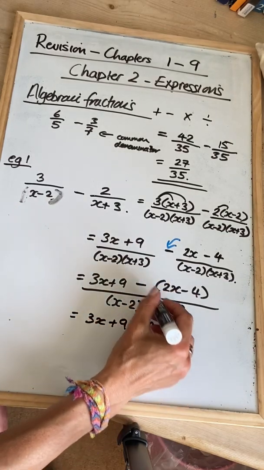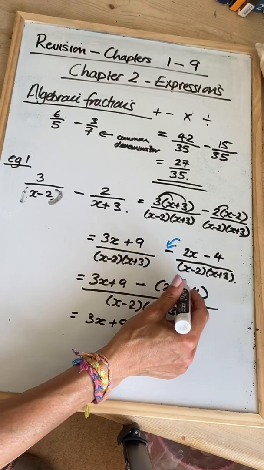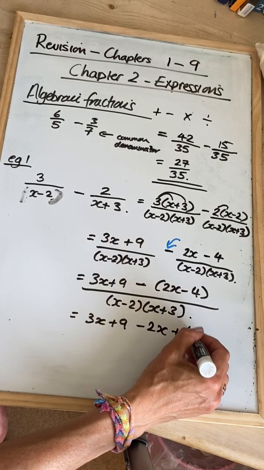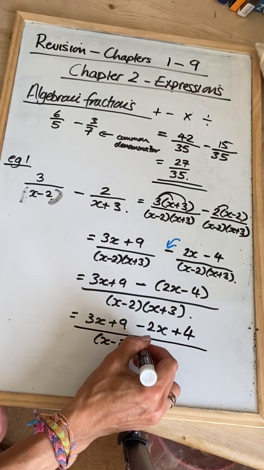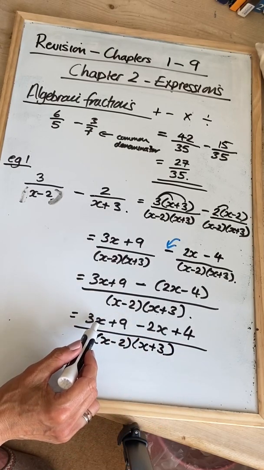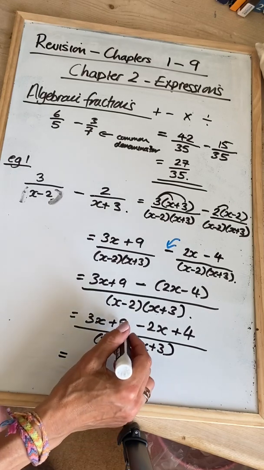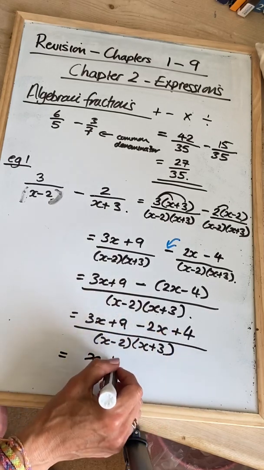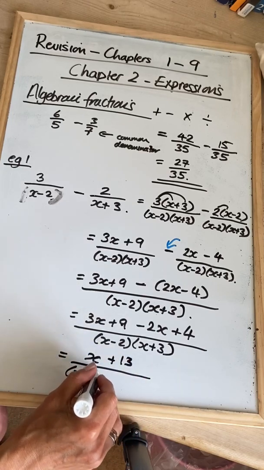Minus 2x, this is minus times the 2, and minus minus 4 is plus 4. All over x minus 2, x plus 3. So finally then, simplifying the top, 3x minus 2x, I've just got 1x left. 9 plus 4 is 13. All over that stuff at the bottom.